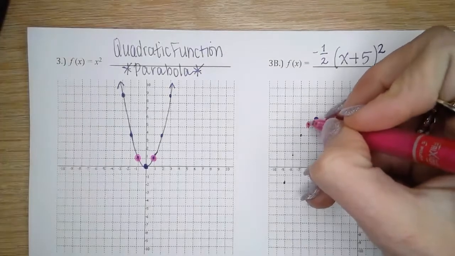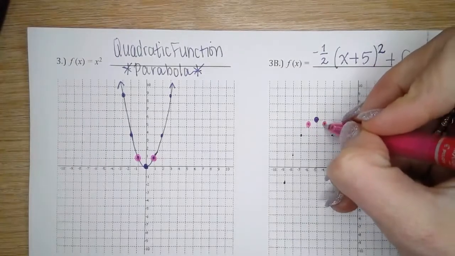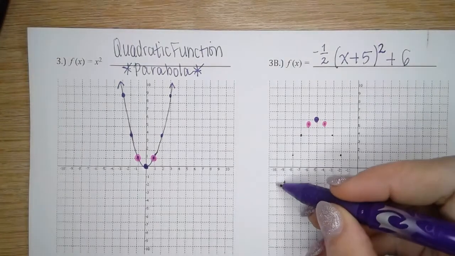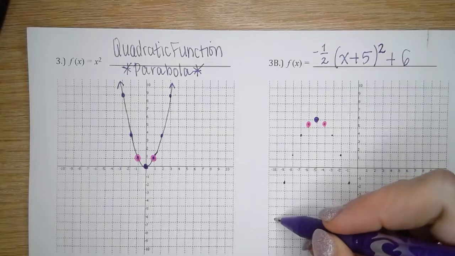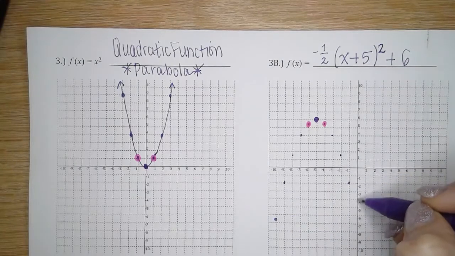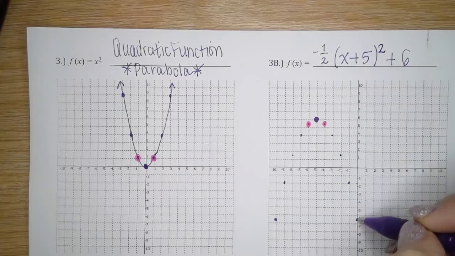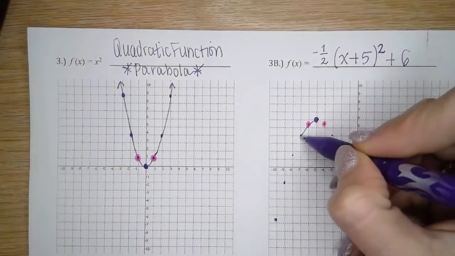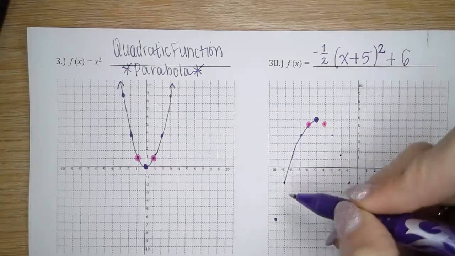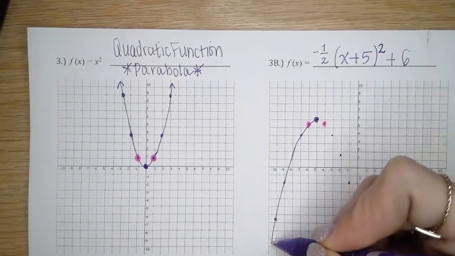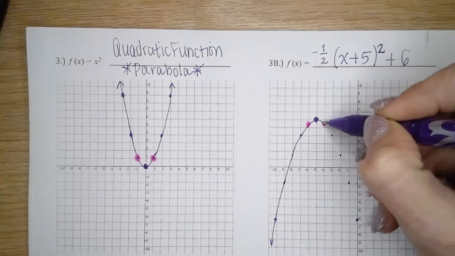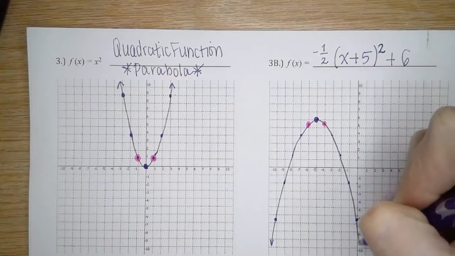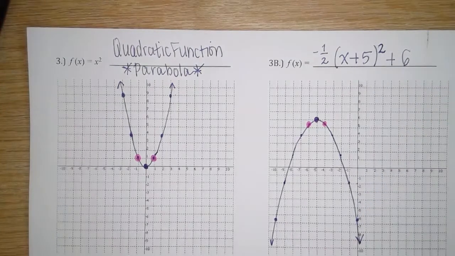Trying to give you a little time to think, so hopefully you kind of got the hang of it. Could go a little bit more, I have room. So next is 1/2 of 9, which will be 4 1/2. Out 1, down 4 1/2. And then I kind of run out of room. And then you connect it as best you can. And there we go. Best parabola you ever made.